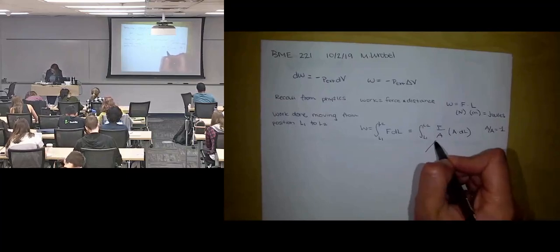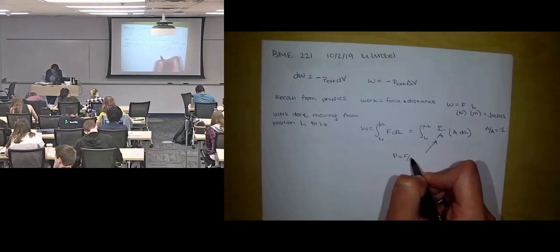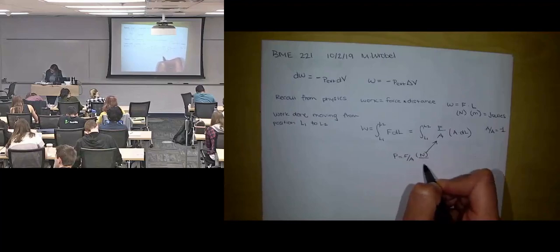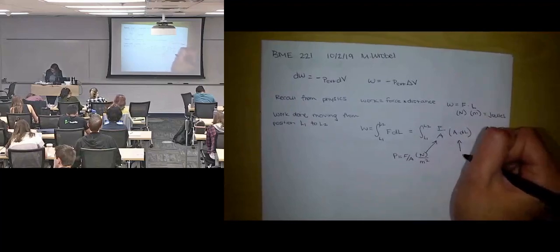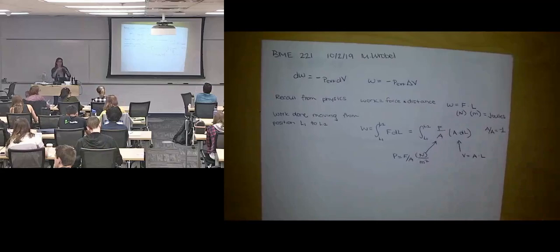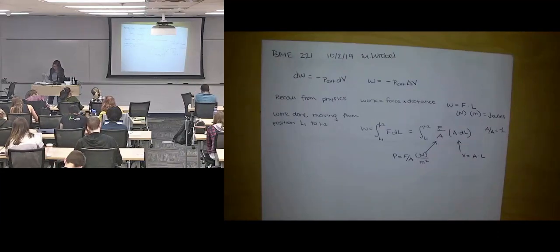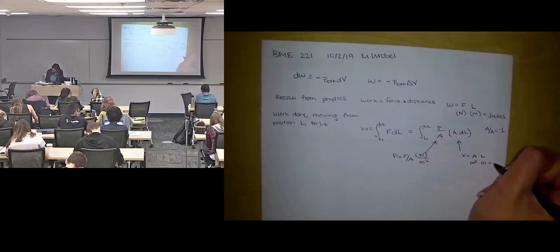So this piece here is pressure. Force over area is pressure, in newtons over meters squared. This piece here is volume. It's some cross-sectional area of whatever we're interested in times length. So if we have a cylinder, the area of the cylinder of our piston, and then that change in length would give us our volume. The units here are meters squared times meters, or meters cubed.